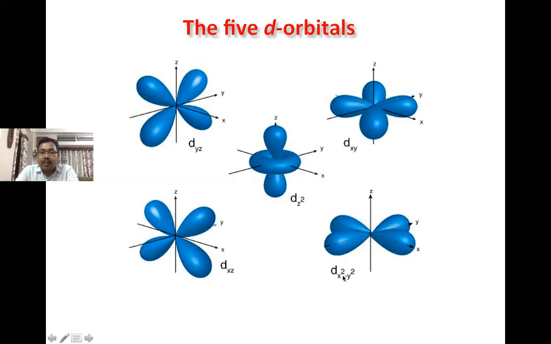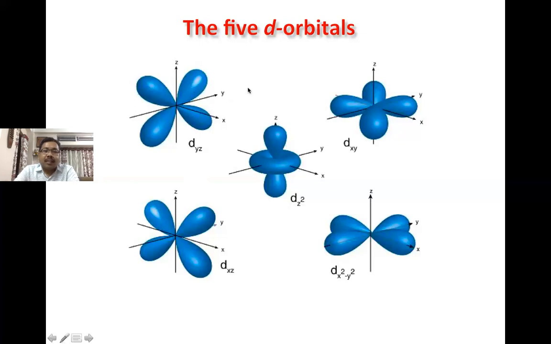On the other hand, the dx square minus y square orbital also has lobes which are pointing directly in the direction of the axis. When the ligands approach the metal center, these two orbitals will be affected the most, and hence their energy will be raised. On the other hand, the other three orbitals, namely dxy, dyz, and dzx, have lobes pointing in between the axes.